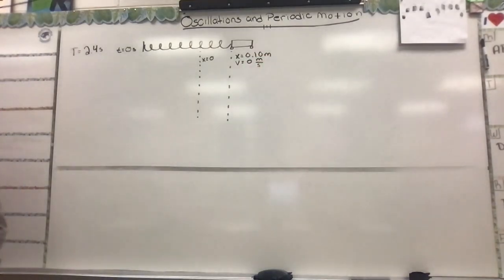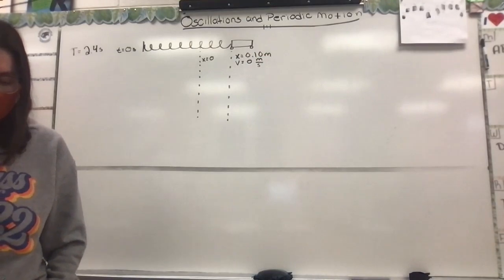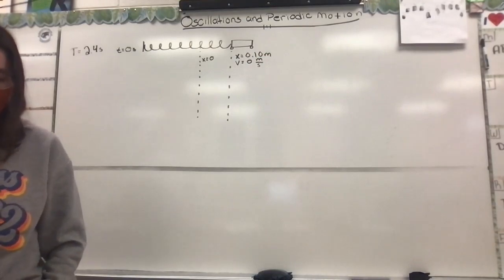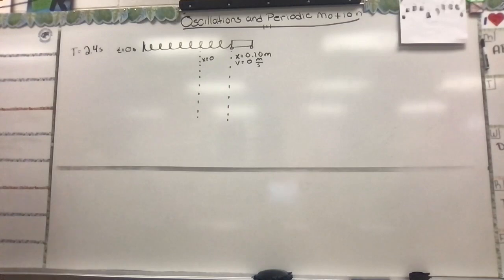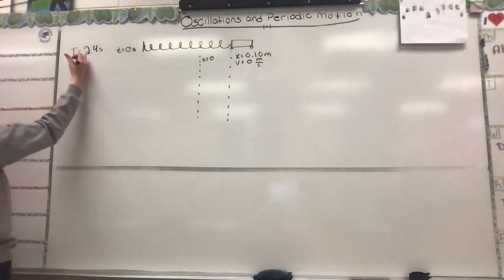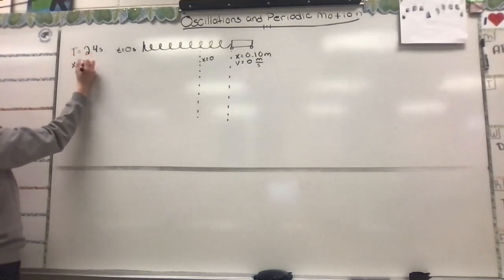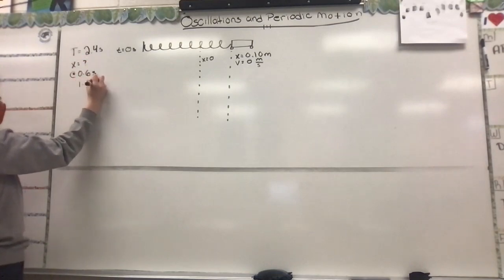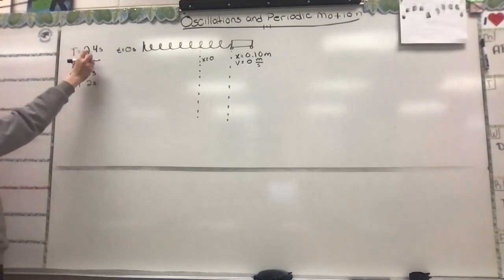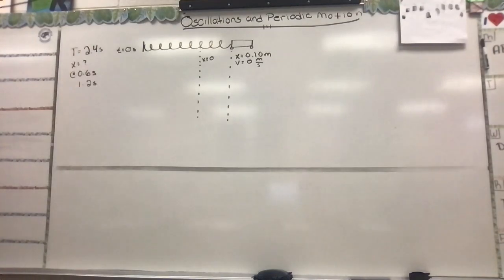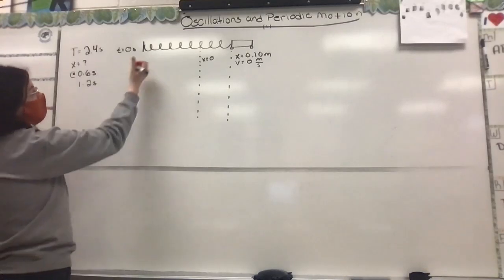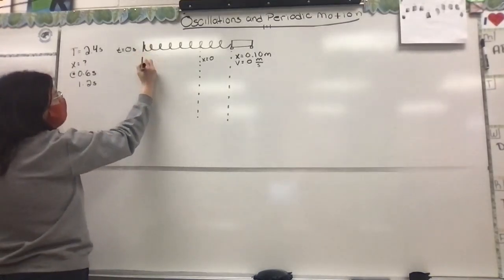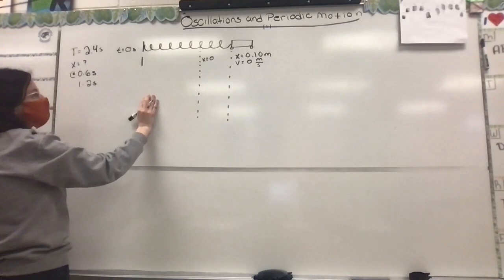Okay. So what we're faced with is we want to know the position of the cart at 0.6 seconds and at 1.2 seconds. And we know the whole period is 2.4 seconds. So let's think about this.